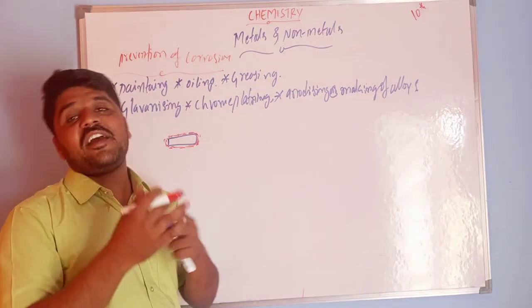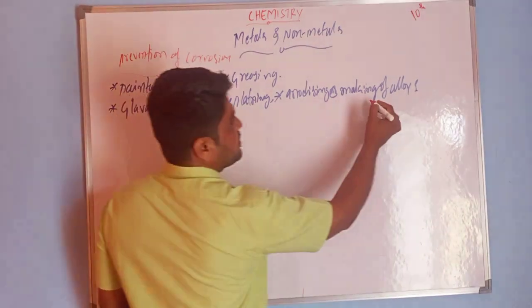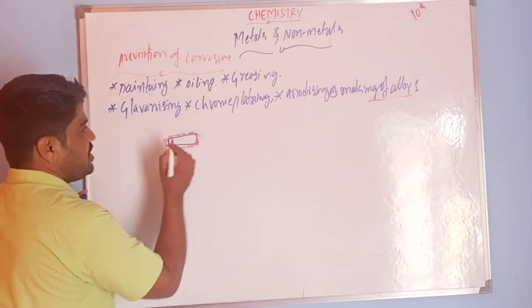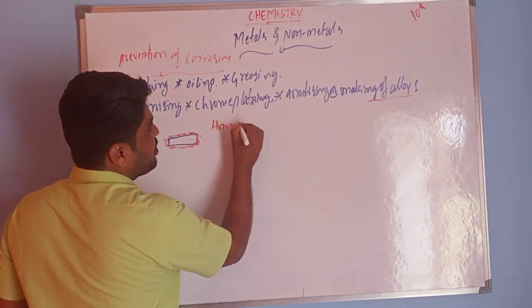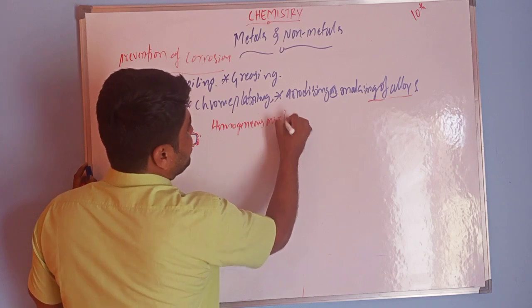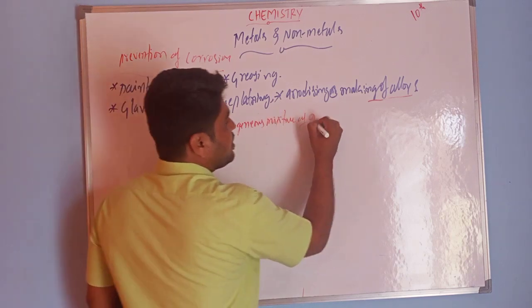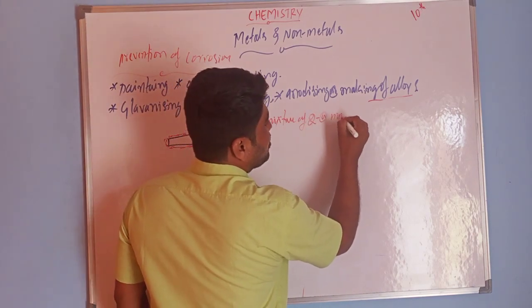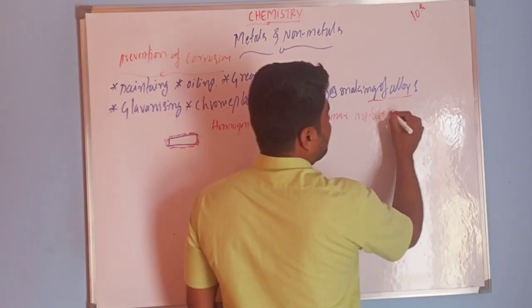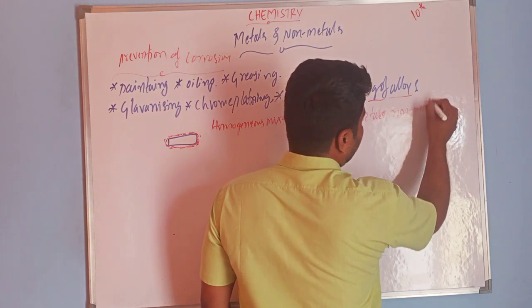The next is alloying, making of alloys. Alloys are homogeneous mixtures of two or more metals or non-metals.